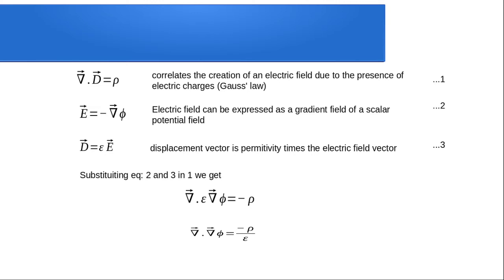So in place of D bar in the first equation, we are writing epsilon E bar, and in place of E bar we are writing minus del phi. That is the change that we are making, so that the final result which we require is obtained as del dot del phi is equal to minus rho by epsilon.